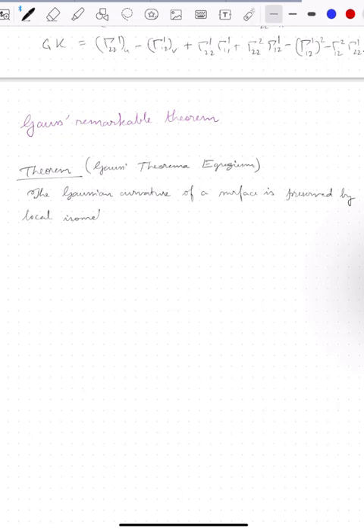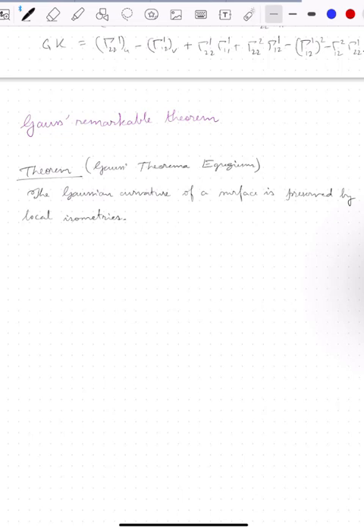And as we recall, isometries are any such maps which preserve the lengths of a curve, right? So that means the Gaussian curvature of a surface is always preserved by local isometries.